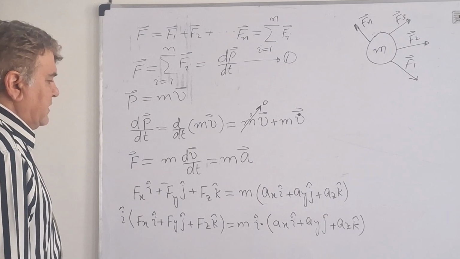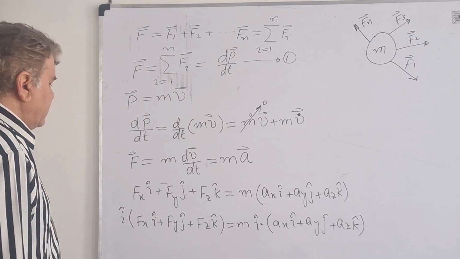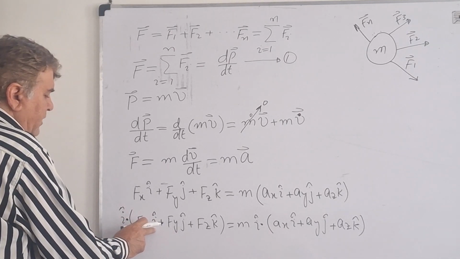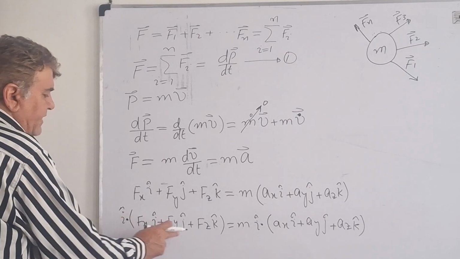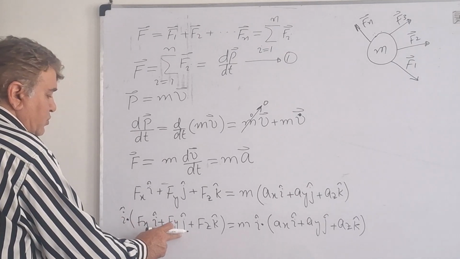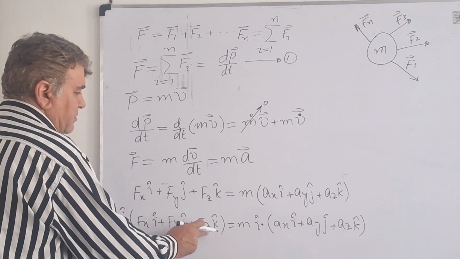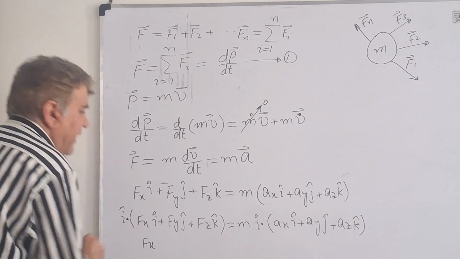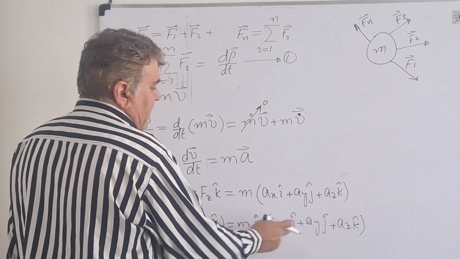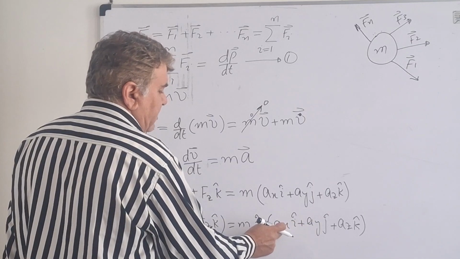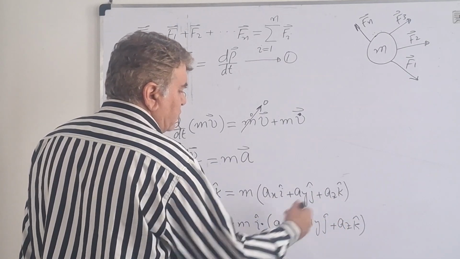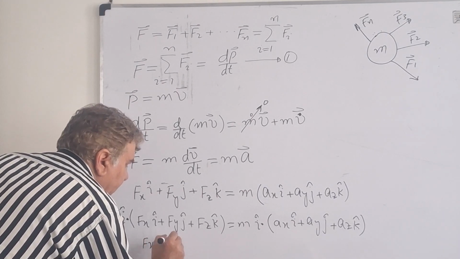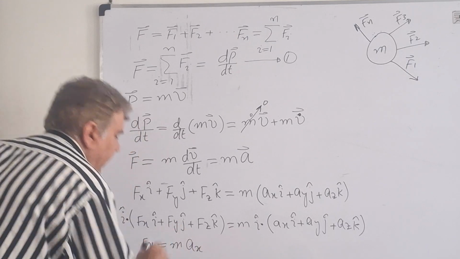And now using the orthogonality condition on the unit vectors: i dot i equals 1, so I'm left with f sub x, and i dot j equals 0, this term goes to 0, i dot k equals 0, this term goes to 0. From this side I just get f sub x, and from this side i dot i again equals 1, so I'm left with ax, and the rest two go to 0. So this equation reduces to m times ax.